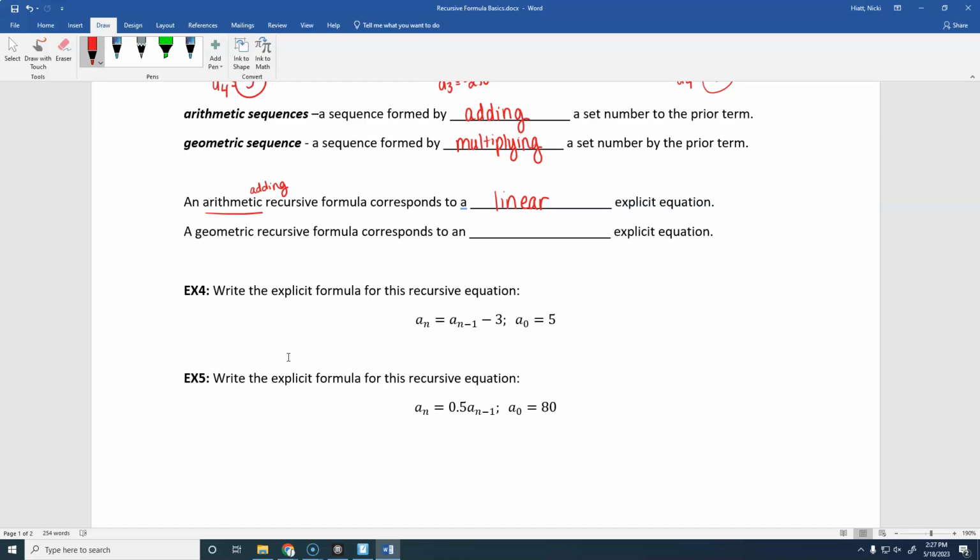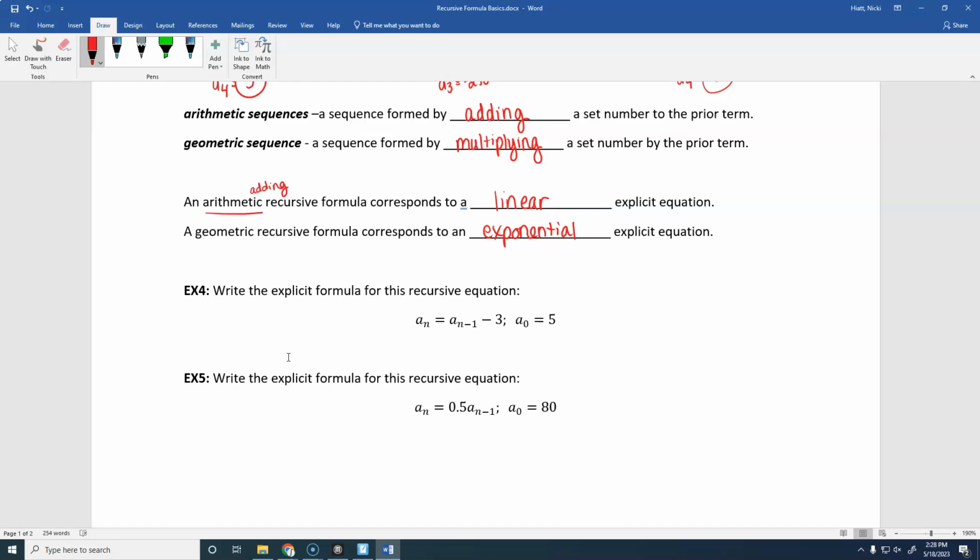So if you have a recursive formula where you're adding or subtracting, then that is going to be linear if you were to graph it, and your explicit equation is going to be linear. Okay. Geometric recursive formulas are going to correspond to an exponential explicit equation.